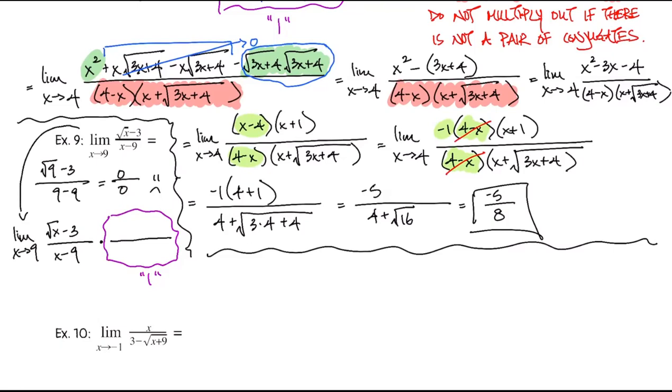Professor, sorry to interrupt. I just had a quick question. On that last example, number 9, when you factored out the -1, shouldn't the top be x plus 4? Like a positive x, or no? Well, it came from something that was positive, right?